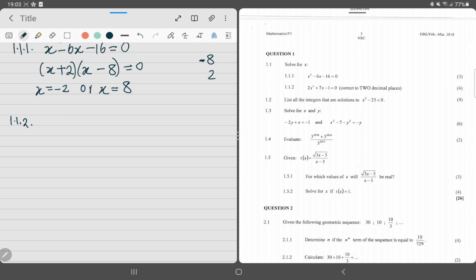Solve for x correct to 2 decimal places. So this is 2x squared plus 7x minus 1 should be equal to 0. So we're going to use the quadratic formula: negative b plus or minus square root of b squared minus 4ac, all over 2a.